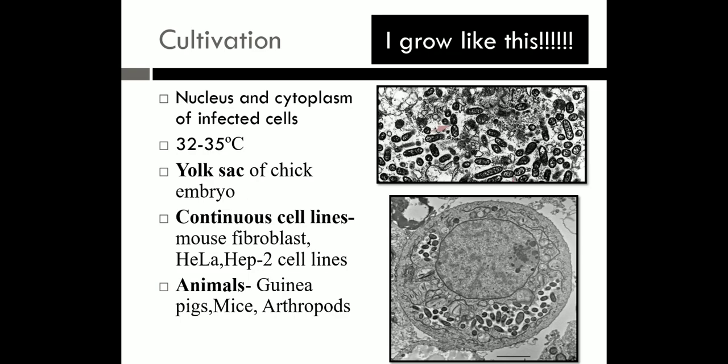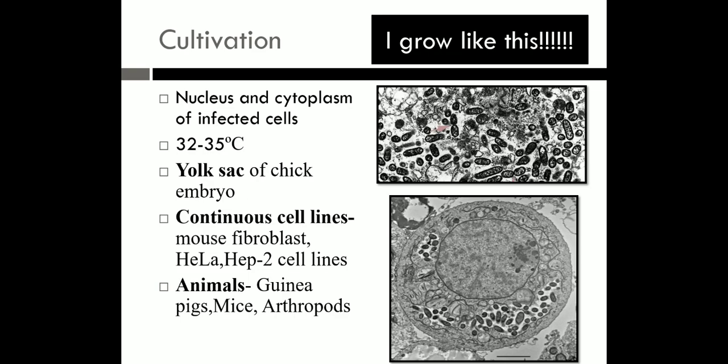Please remember that rickettsial organisms are very highly infectious, and their isolation must be done only in labs having biosafety level 3 facilities. They can also be grown in guinea pigs, mice and arthropods. In fact, there is a reaction called Neil-Mooser's reaction, where we can differentiate certain species of Rickettsia.